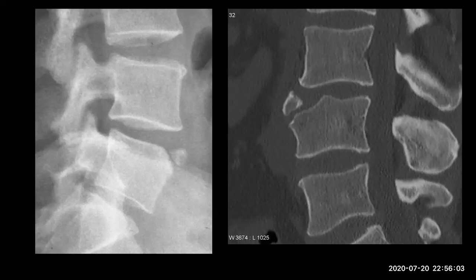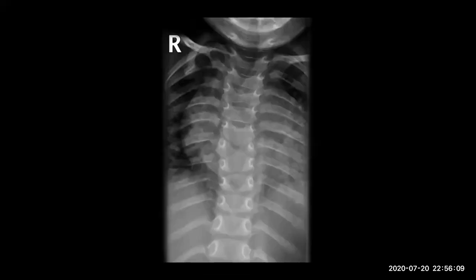Okay, we move to the next case. What do you see?